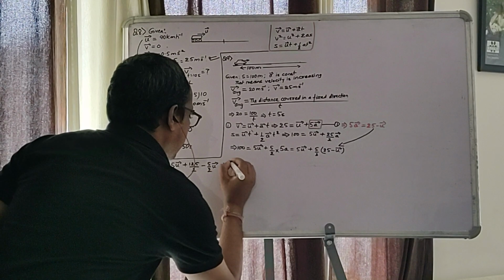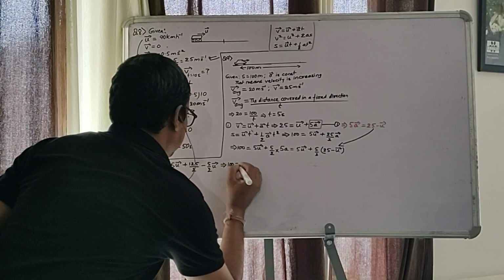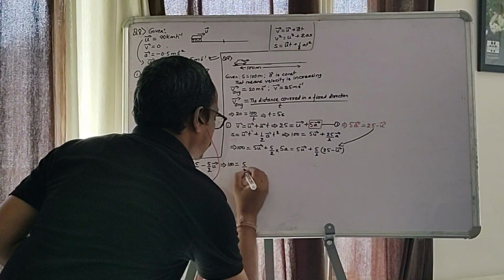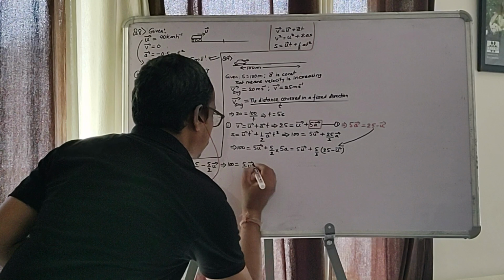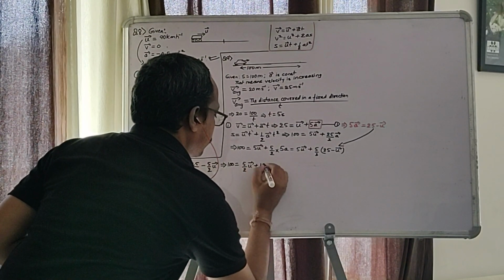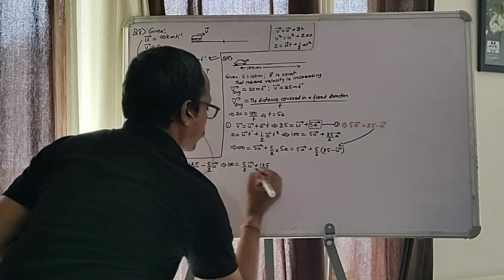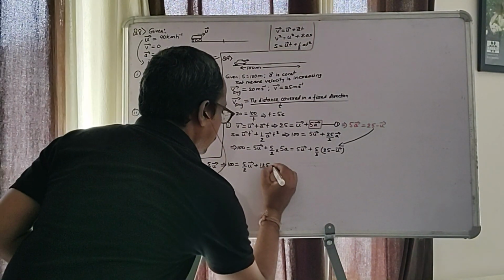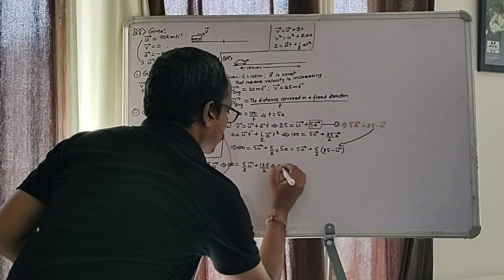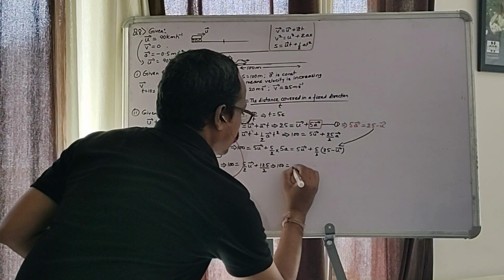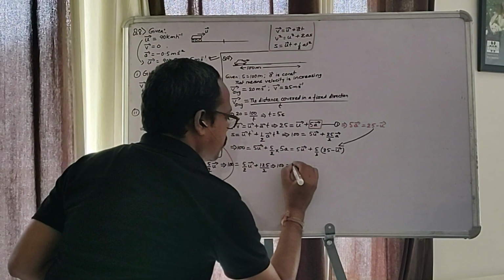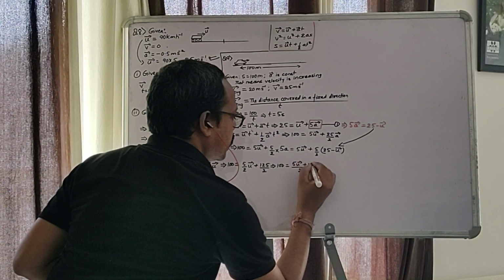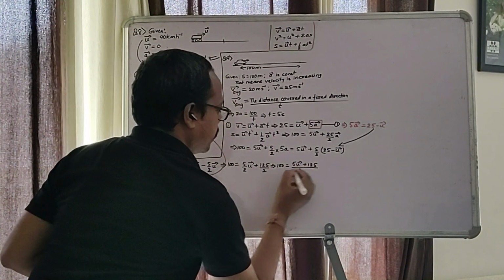So now 100 is equal to 5u minus 5 by 2u, it will give you 5 by 2u, simple, plus 125 by 2. So from here 100 is equal to, taking 2 common, 5u plus 125 over 2.